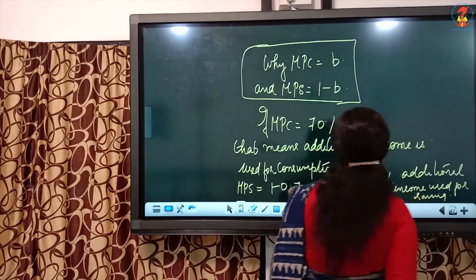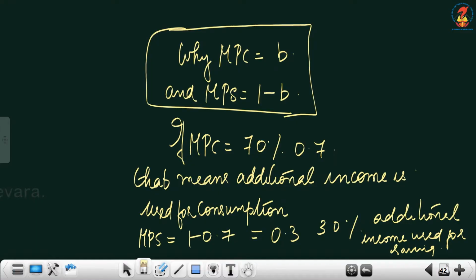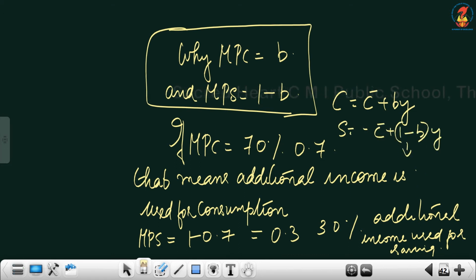Now the next topic is why MPC is given as B and MPS is given as 1 minus B. In the equation I told you, C is equal to C bar plus BY and S is equal to minus C bar plus 1 minus B into Y. I told you this 1 minus B is MPS and this B is MPC.